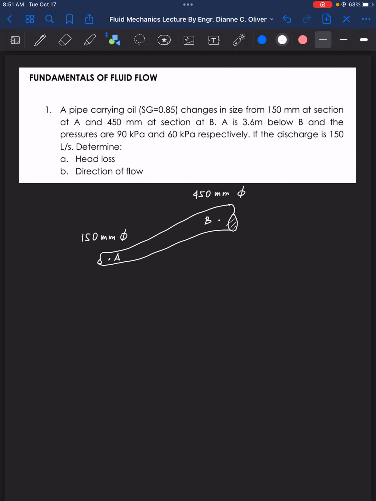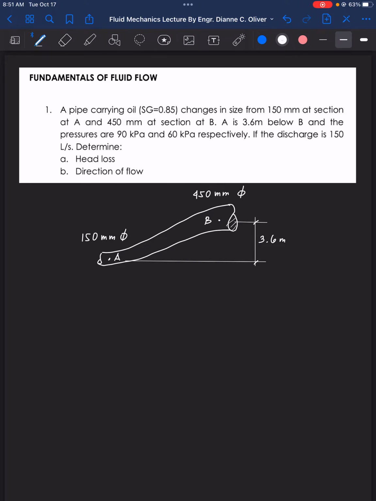And the vertical distance is 3.6 meters.